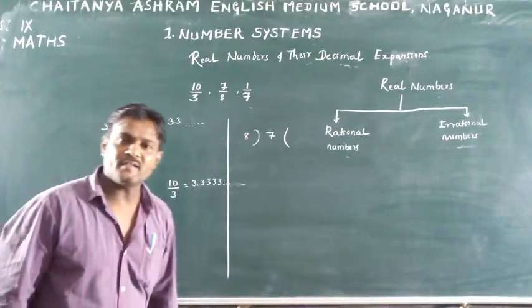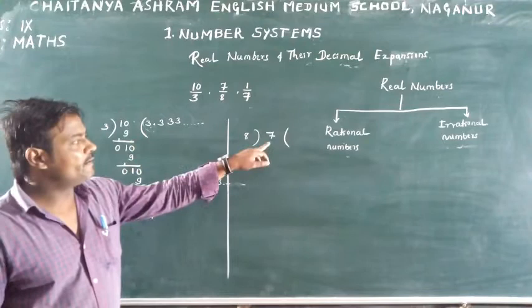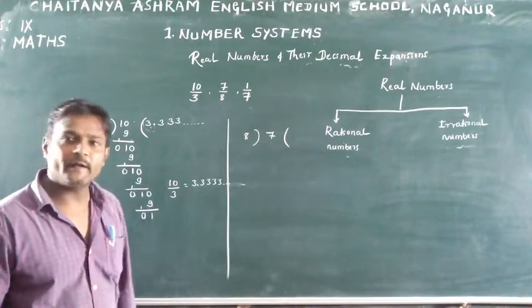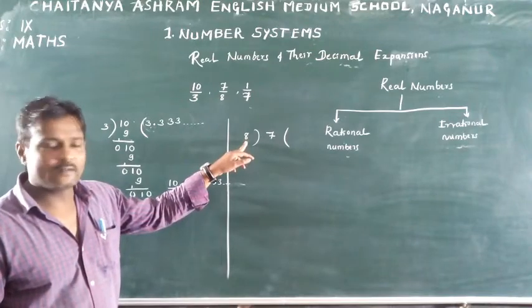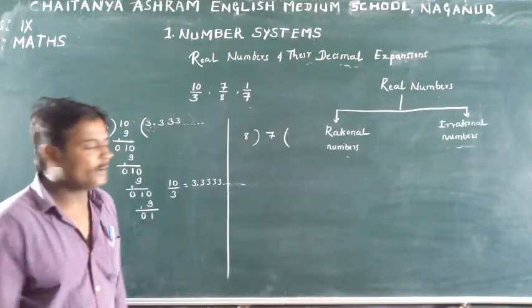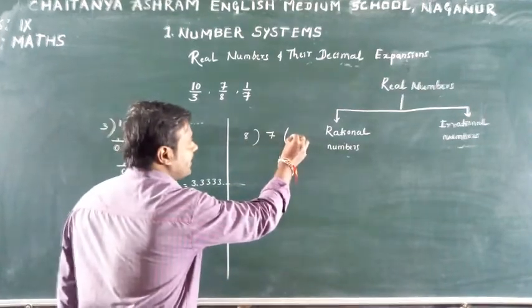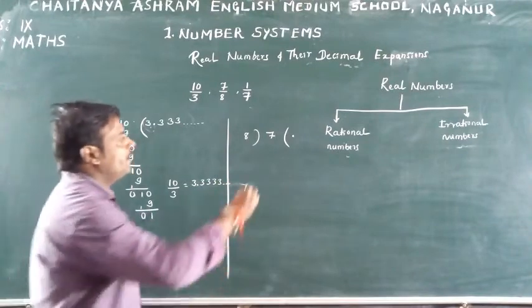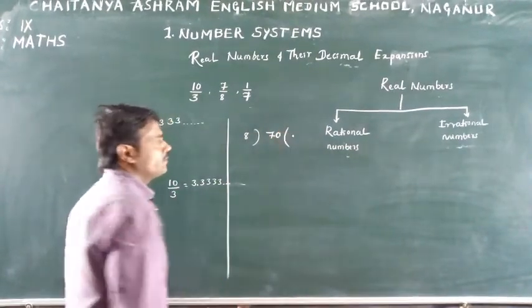In the division process, the dividend should be greater than the divisor. So how to make it greater than 8? By putting a decimal point in the quotient and writing 0 here.